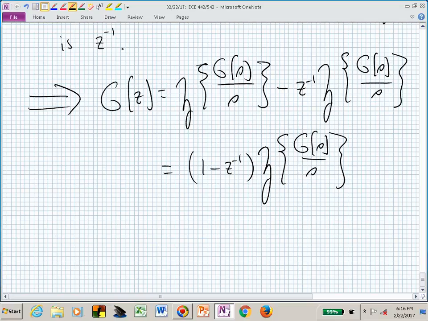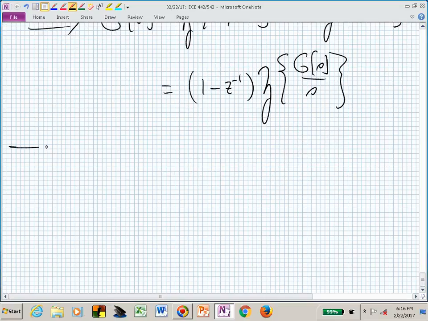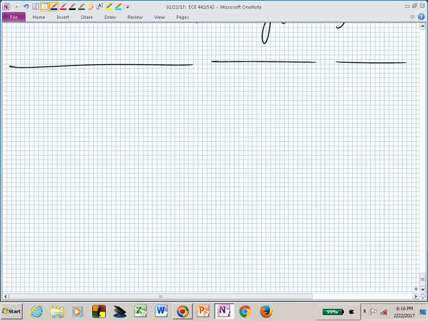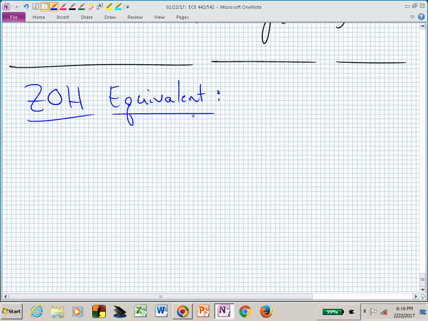Piece of cake. All right, so let's now summarize what we've just derived. If you need to find on the exam the zero order hold equivalent of a transfer function g of s, or you might be asked not the zero order hold equivalent, but somebody might say, give me the pulse response transfer function.